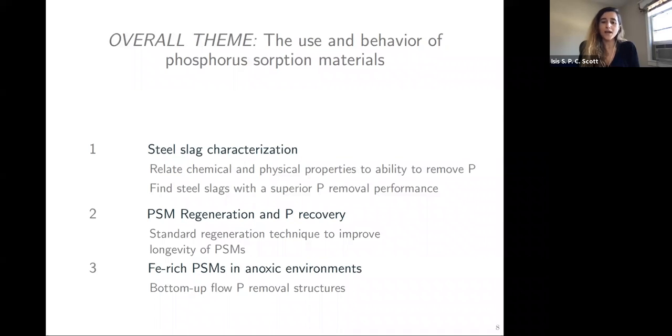And the idea behind this topic is because we wanted to be able to build structures with a bottom-up flow, which means that we would have stagnant water in the structure. So we wanted to know how the iron-rich PSMs would behave under those conditions.